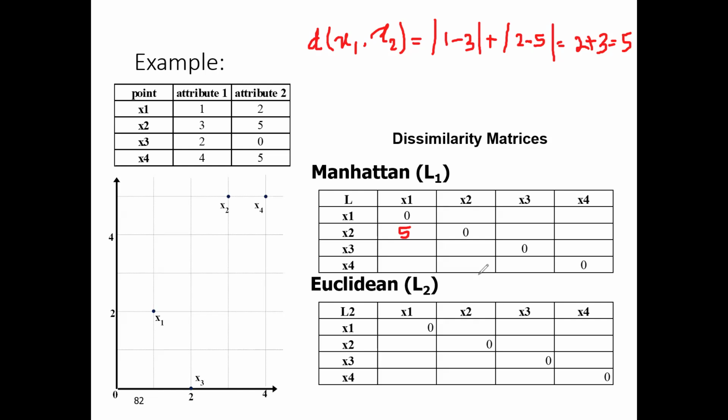Try another value, x1 and x3. The distance between x1 and x3: x1 is 1, so it will be 1 minus 2, then 2 minus 0.